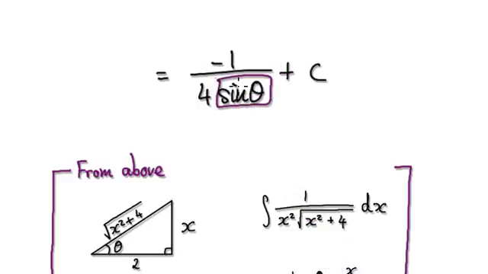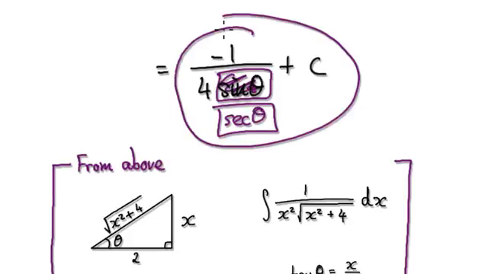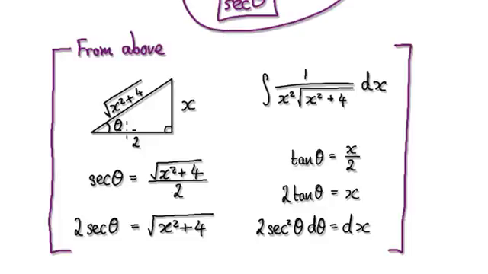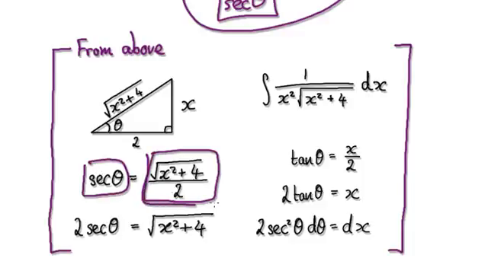Or let's say, instead, the answer is secant of theta. Then let's just imagine the answer is this. Then you would go back to your initial screen, and then look at this bit here. Secant theta equals this thing here. Then you would put this block back into your answer here.